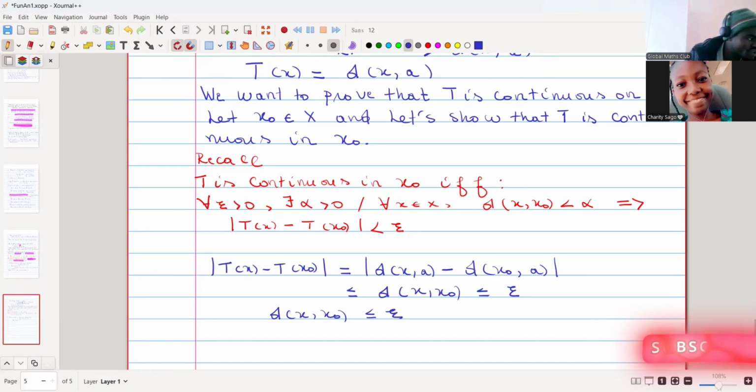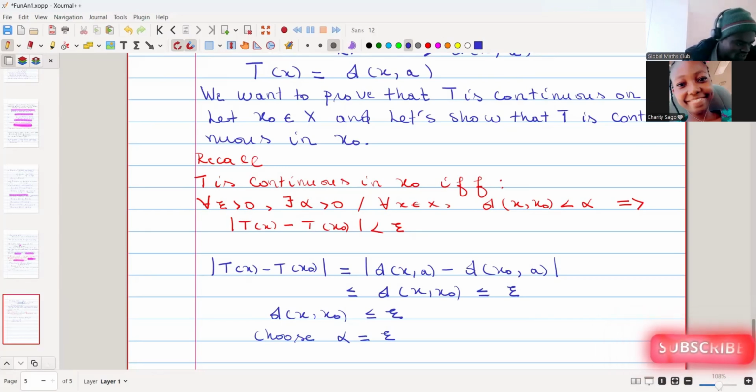And to show that T was continuous at x naught, we were supposed to find alpha positive such that the distance between x and x naught is less than alpha. And we have here the distance between x and x naught is less than epsilon. So to have the distance between x and x naught less than alpha, we can just choose our alpha like epsilon. Choose alpha equal to epsilon.